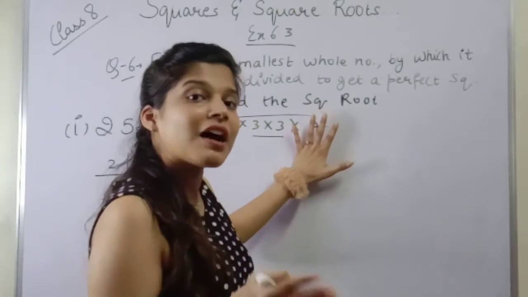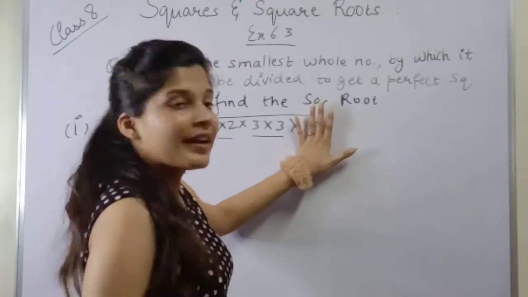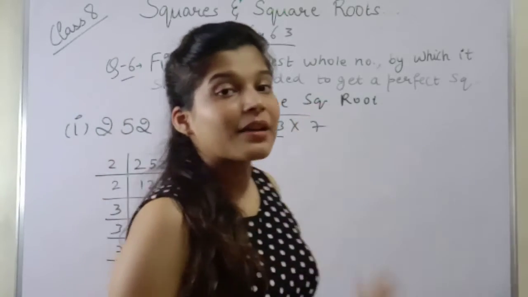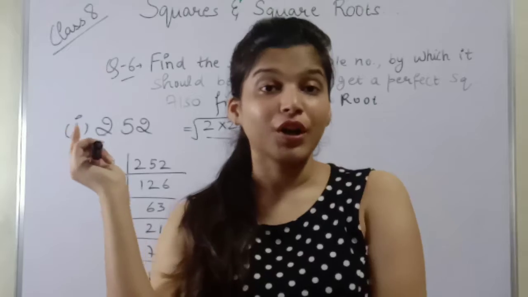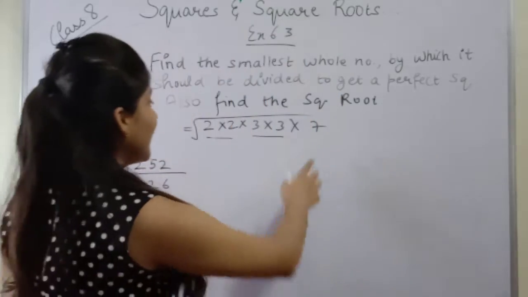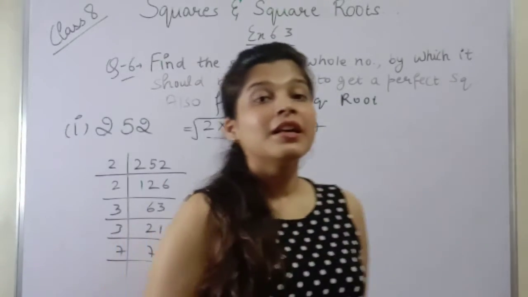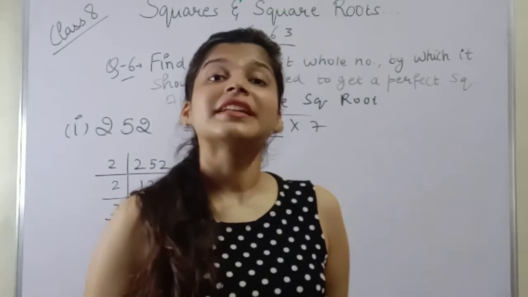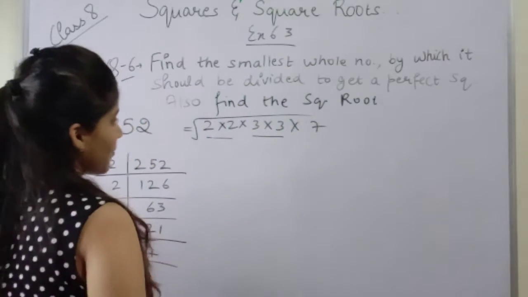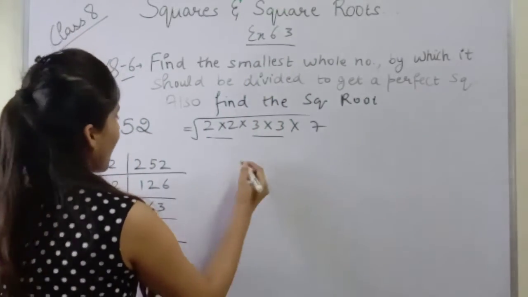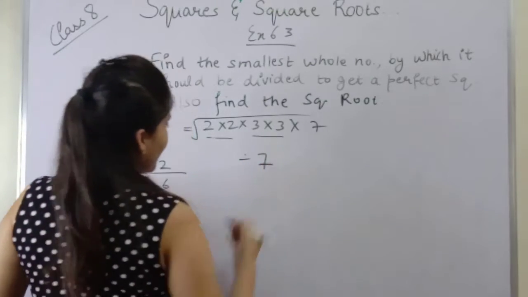In this question we have to divide, that's why we will divide 7. ओके. अगर हमसे बोला होता मल्टीप्लाई द स्मॉलेस्ट होल नंबर तो हम इसमें करते into 7, but here the question is that we have to divide the smallest whole number. So that's why we will divide this number by 7.